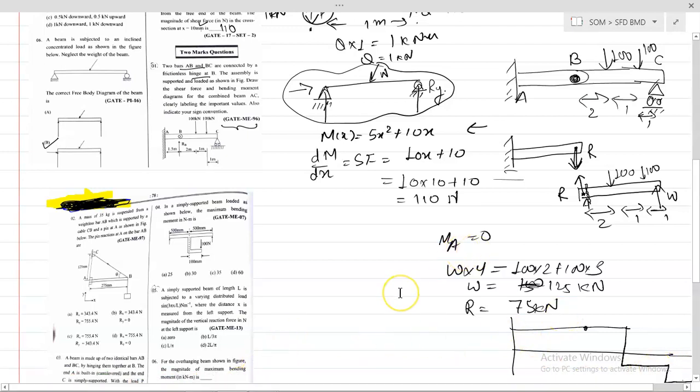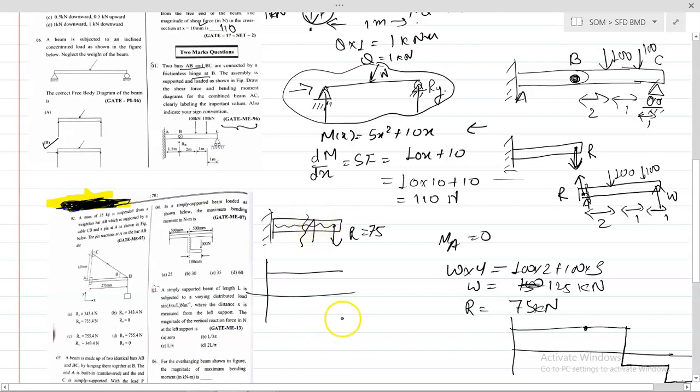I hope most of you get it. Let me explain here. The upper part is a cantilever, so the reaction R is 75 kilonewton. Up to this point, for the cantilever part, you can take any element, split the part like this, and obtain 75.